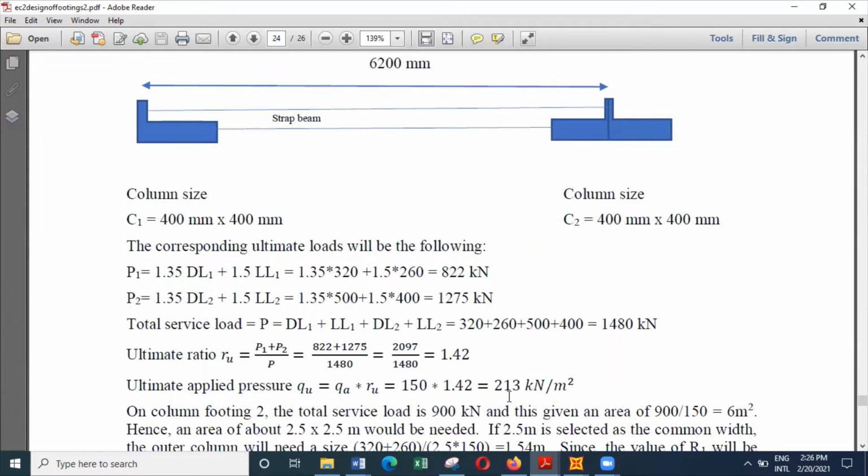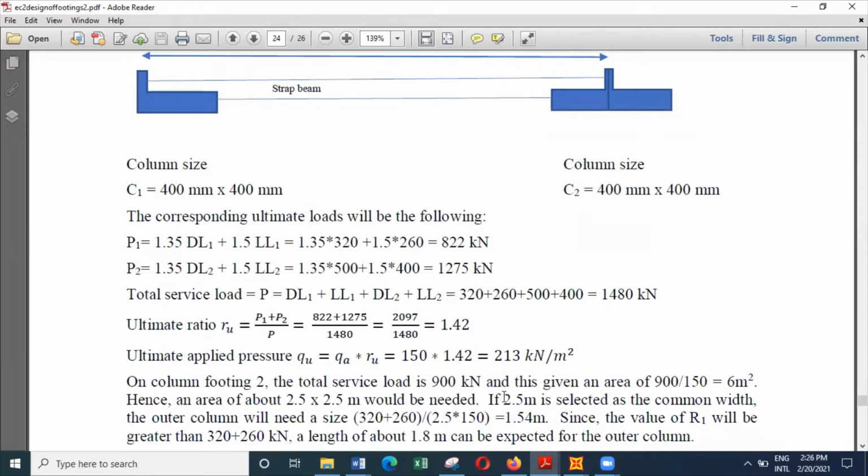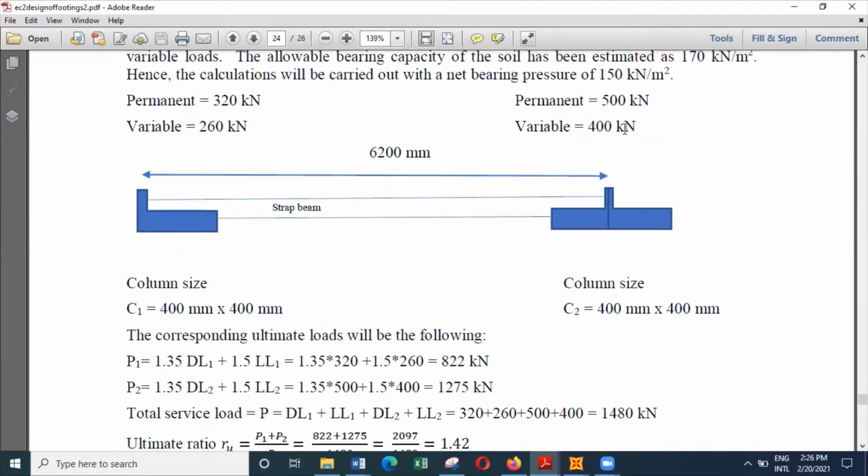So then we'll also look at the total load acting here, and it's about 900 kilonewtons, and we know that load will be reduced slightly due to the strap beam.